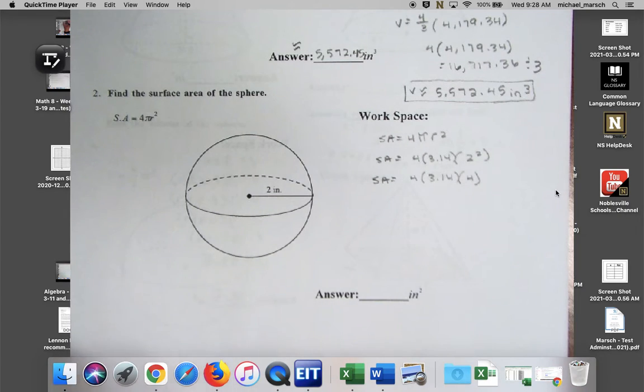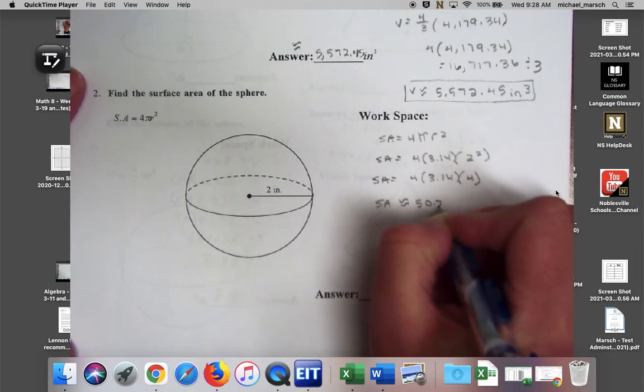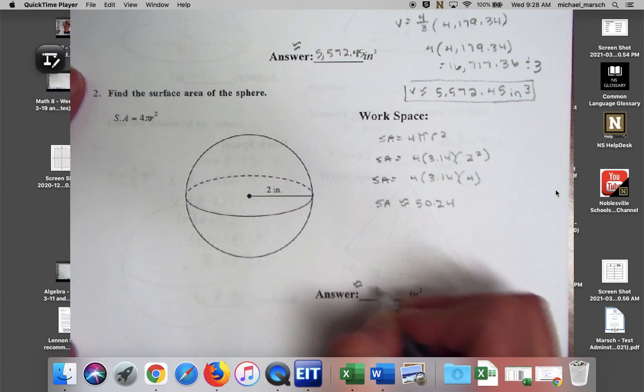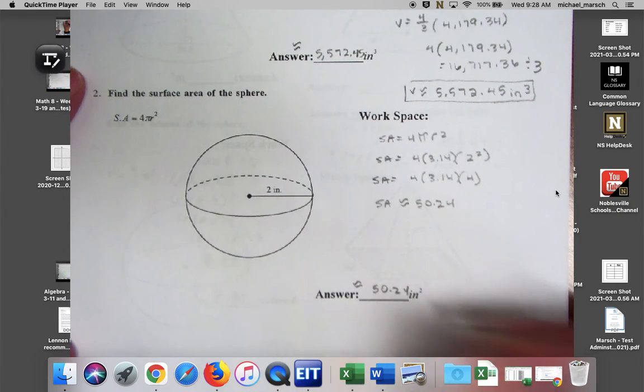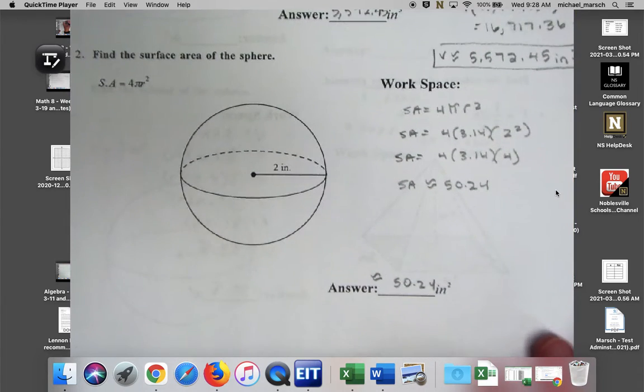So when I get out my trusty calculator here, 4 times 3.14 times 4, I get surface area is about 50.24. So then I would say about 50.24 inches squared. Remember, that's squared because it's surface area, not volume.